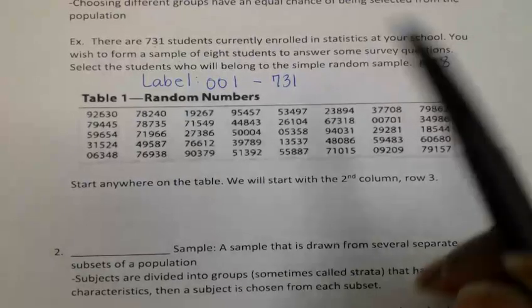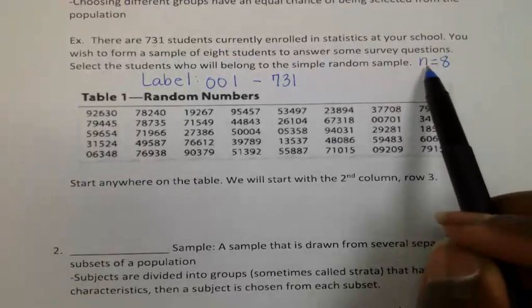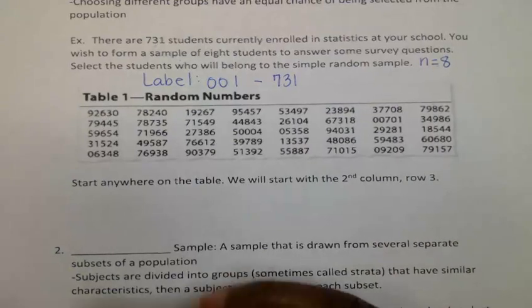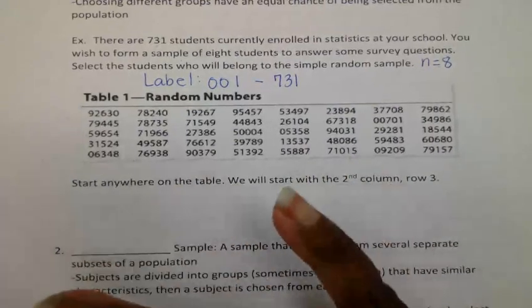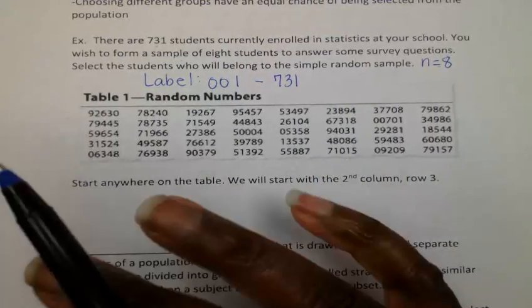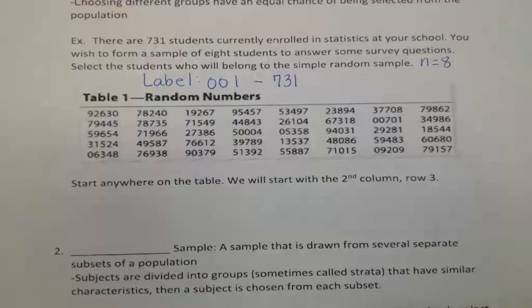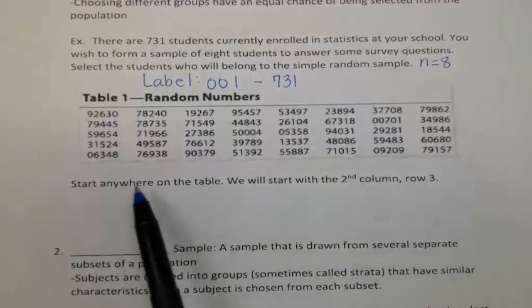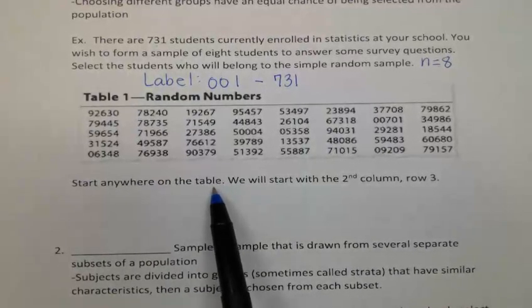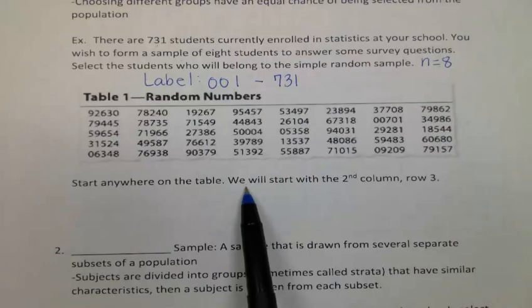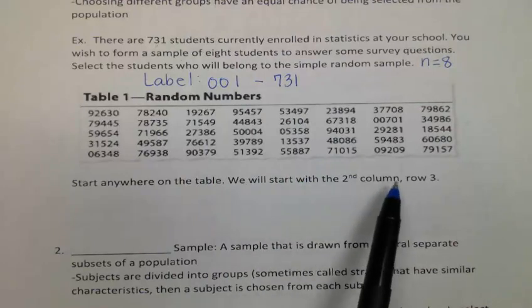Let's look. So we want to choose 8 students, right? We can choose to start anywhere, but for grading purposes, we have to start in the same spot. So you start anywhere on the table, but for grading purposes for the course, we will start in the second column, third row.